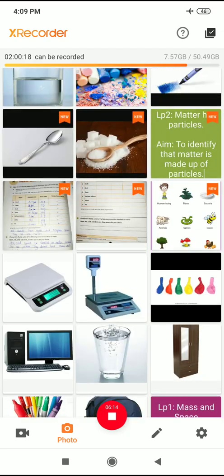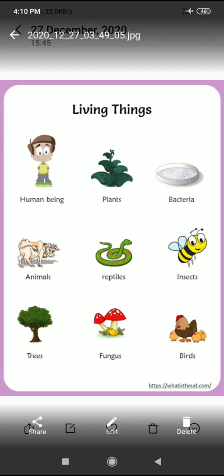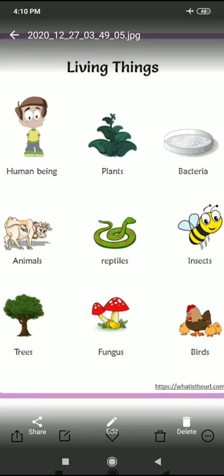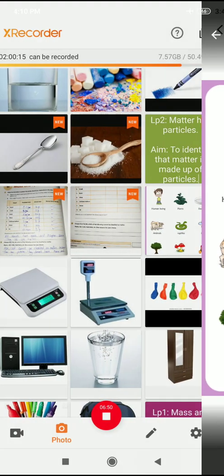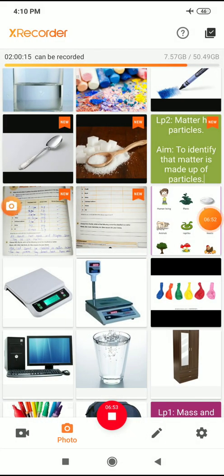We also call them matter because they also have mass and occupy space. For example, we human beings, plants, reptiles like snakes, as you can see in the picture, all of these we can call matter because they have mass and occupy some space, right? Invisible things also, which we cannot see with the naked eye, are made up of matter. We can call them matter because they have mass and occupy space.